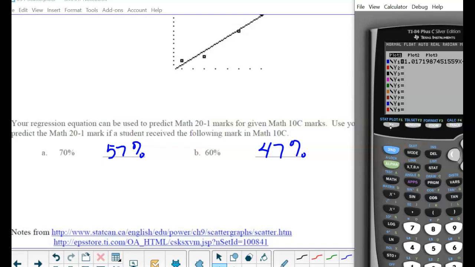So the exercises are for you to do. The first one is basically given there, and then you plot it by hand, and then determine the equation using technology. So enter it in your calculator and then graph it, and then answer some questions on it.